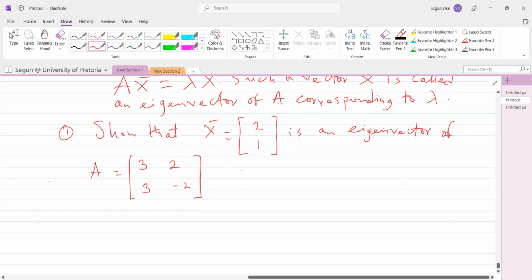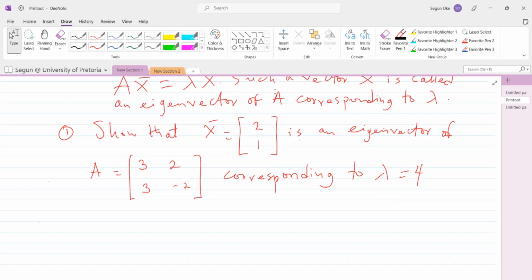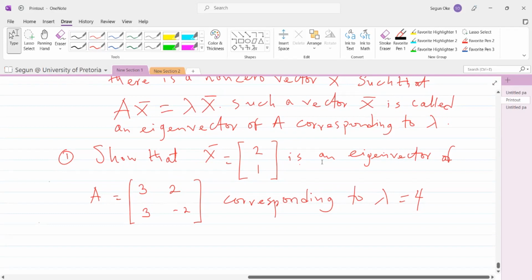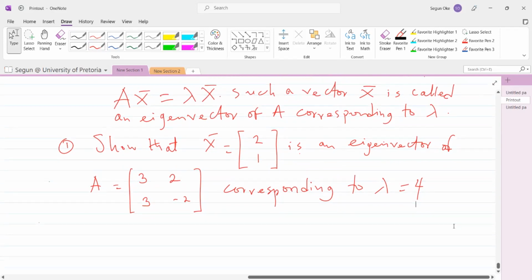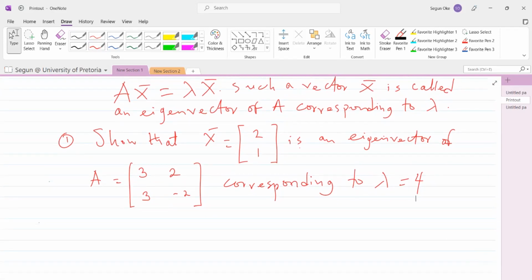So, corresponding to lambda equals 4. Now, in this case, for you to solve this problem on eigenvector or eigenvalue, you need the formula. We know the formula now.